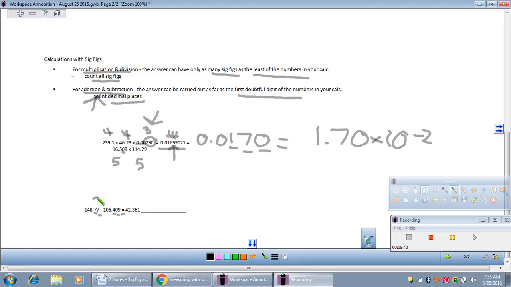This one goes 2 past the decimal, this one goes 3. So 2 is the smallest amount, so we are only going to go 2 places past the decimal, 42.36. I did not round the 6 up because the number after it is a 1. So it stays the same. Remember your rounding rules. If it's 5 or above, then you round up. Otherwise, leave it how it is.